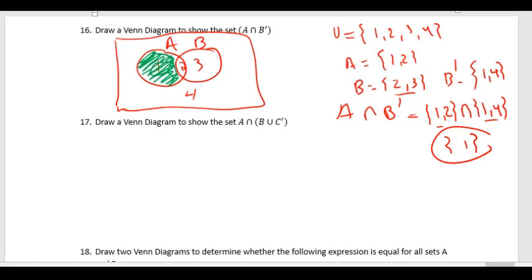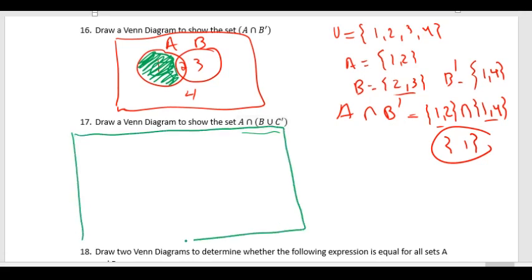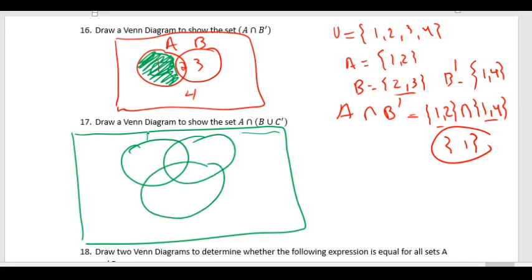Draw a Venn diagram to show the set A intersected with parentheses B union C complement. So now we have 3 circles, so we can do the same idea. A, B, C. I'm going to label my regions here. I'm going to create my universal set as 1 through 8.